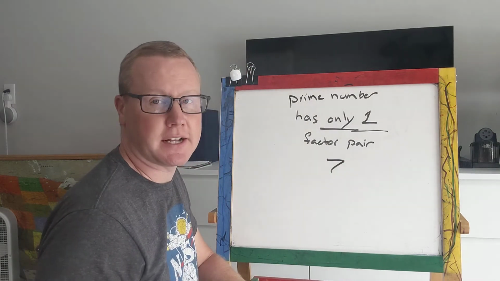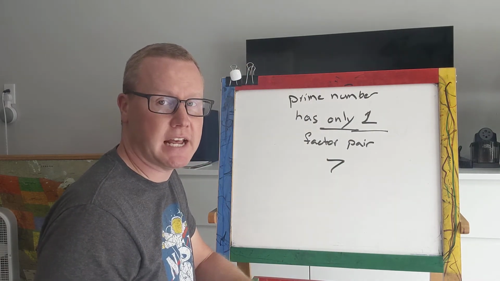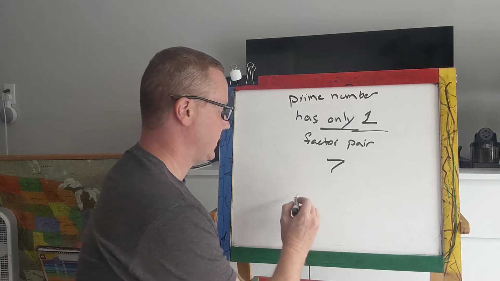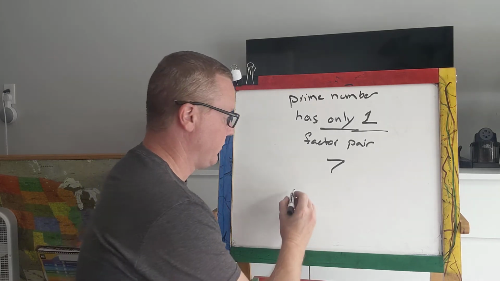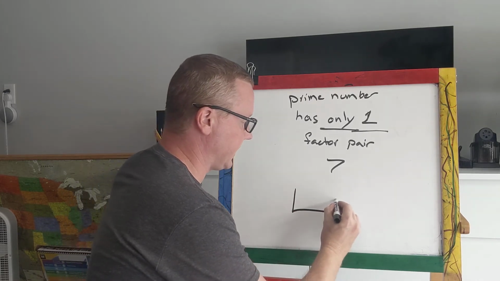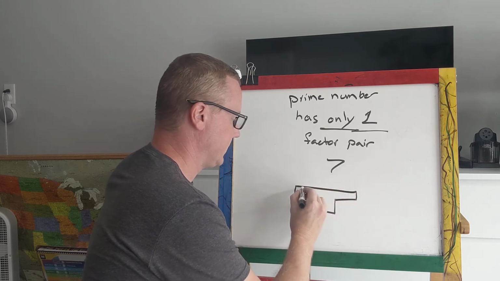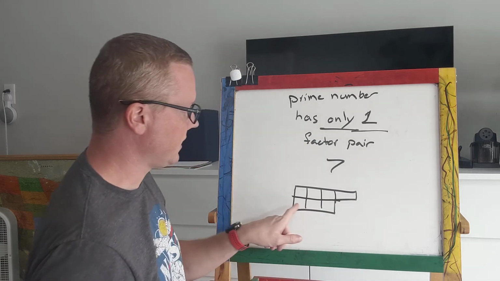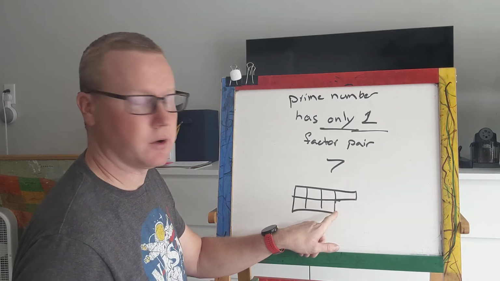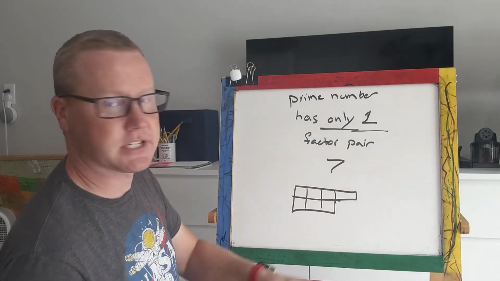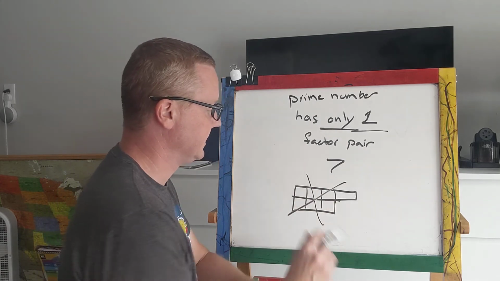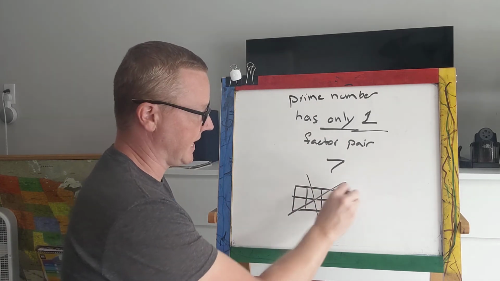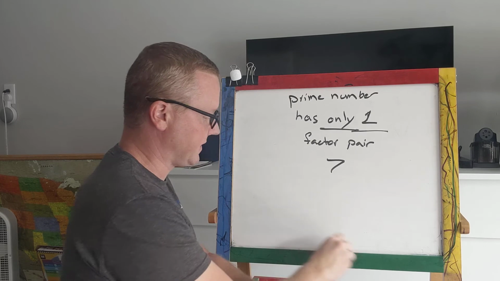So if we were to try to draw an array with 7 in it, you can only get 1. Remember, an array cannot look like this. You can't have 3 in one row and 4 in another. It is not a square or rectangle. That is not an array. So this is not an answer you can do when you're trying to find a factor pair.